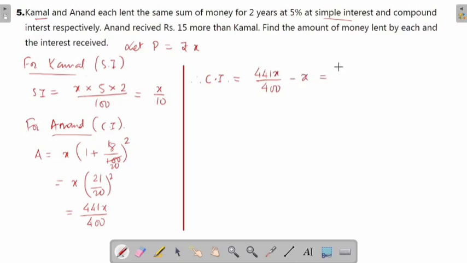When you simplify this, you get 41x by 400. So this is your compound interest.